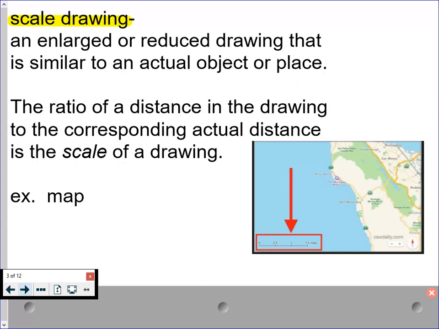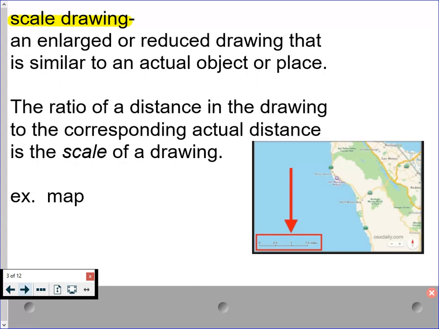A map is a very, very good example of a scale drawing. Obviously, when you're looking at the map, that's not the actual size. It's a reduced drawing that is similar to the actual place that you are.